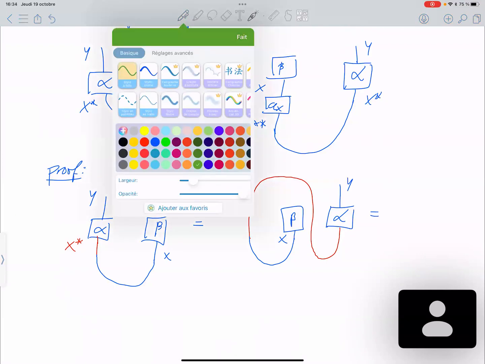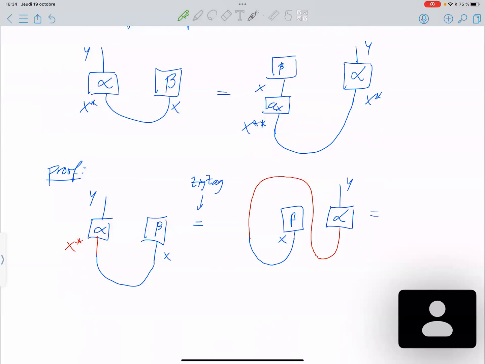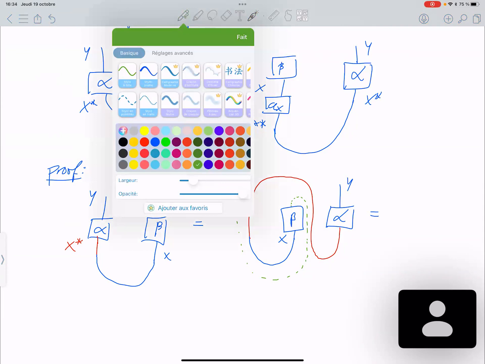You have to observe that you have a double dual of beta. Because you have one dual, a second dual, and again here, one dual, second dual. Okay, so you have a double dual. So you can replace this picture by beta double dual.